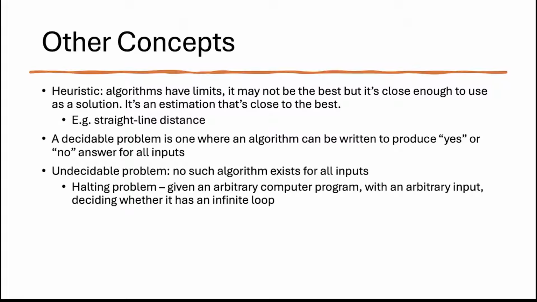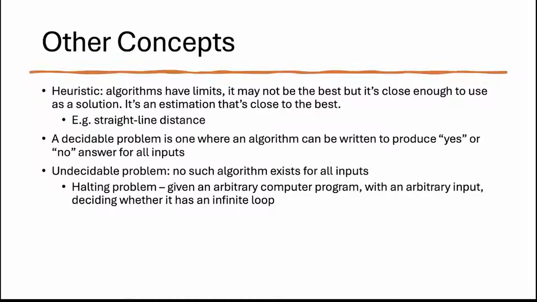And there are also definitions of decidable and undecidable problems. A decidable problem is one where an algorithm can be written to produce an absolute yes or no answer for all kinds of inputs. While for undecidable problems, no such algorithm exists for all of the inputs. Maybe it exists for some inputs, but not for all.